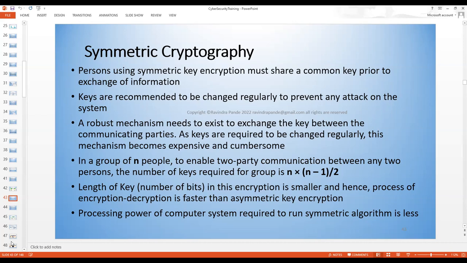Or even if you count in millions, is it possible to have 1 million keys distributed? No. So what we normally do is go with a user ID and password combination for a symmetric key. And it's not as straightforward as you think, like my first name's this character and that character.